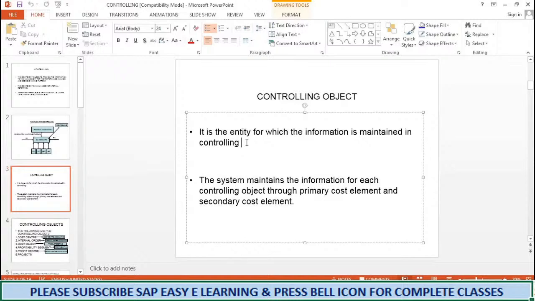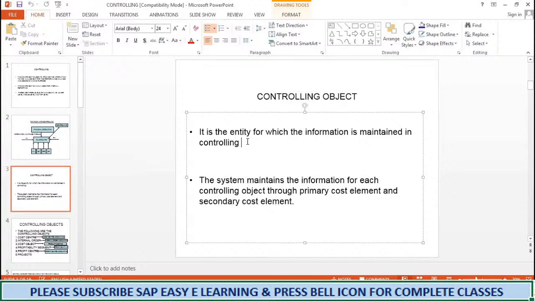Here, three words are important: maintain, process, analyze. These are the three activities that are very important in the controlling component. Manage the information, process the information, analyze the information. Clear?